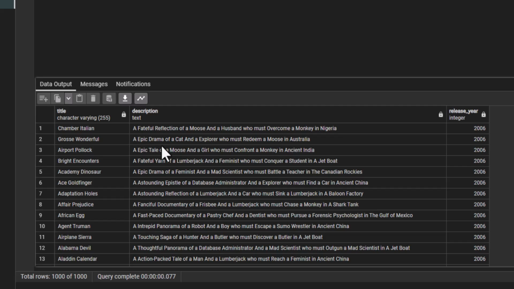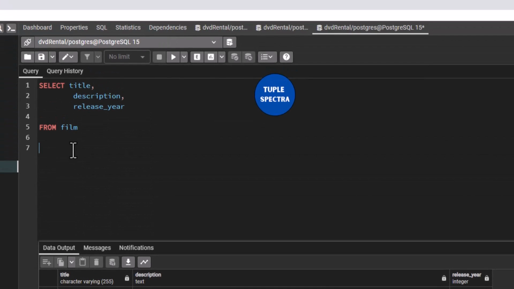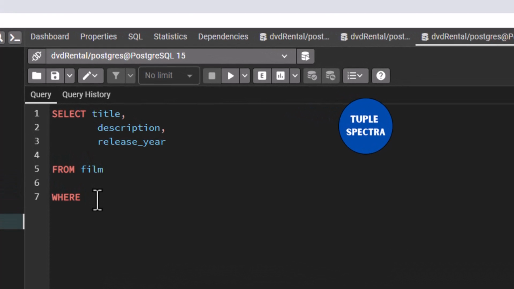But what about if we are asked to return the rows where the title has African egg? Let us take a look at this. I can say where title like African egg.